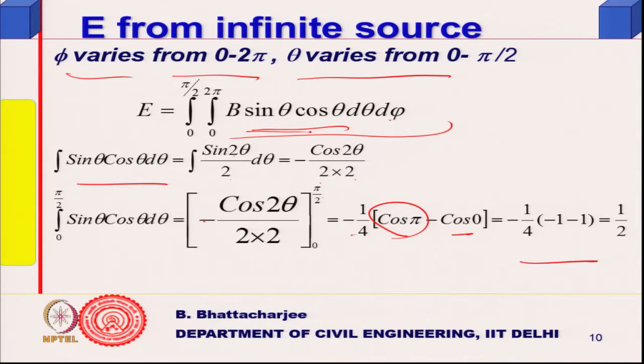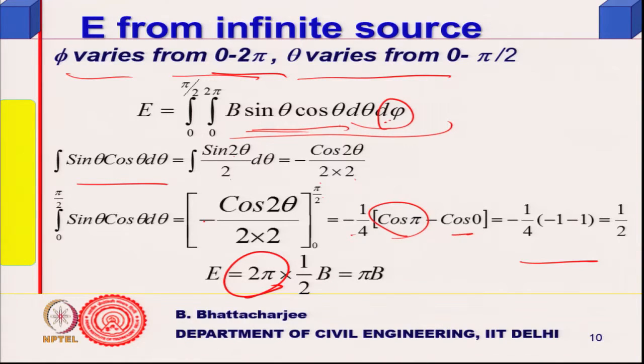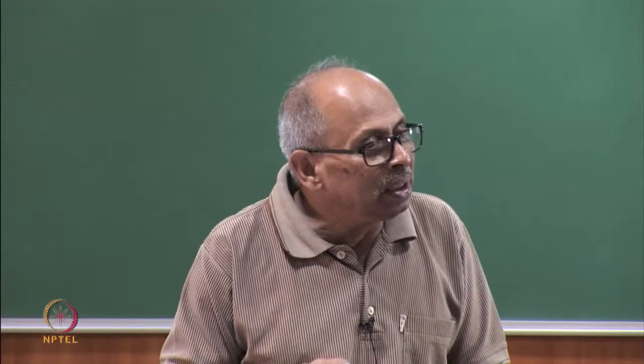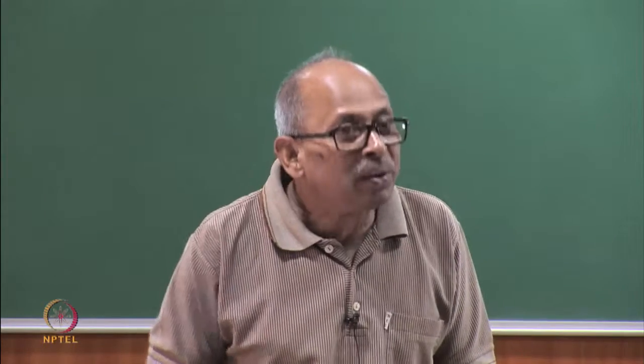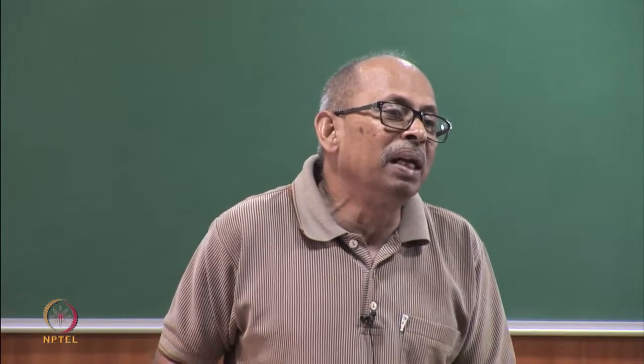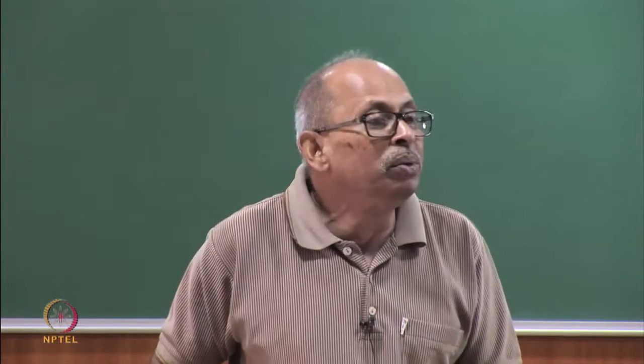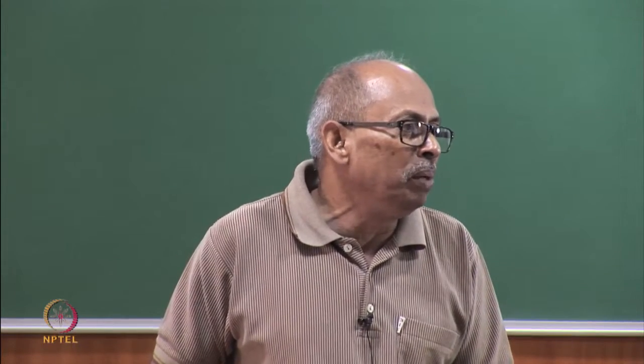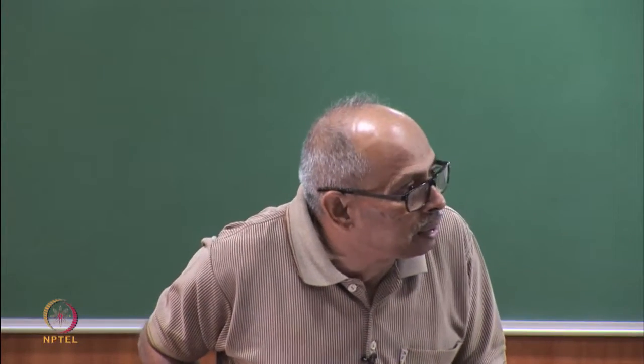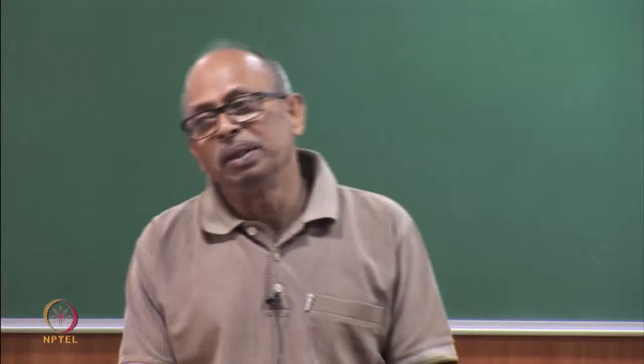So, I am left with the 2 pi, because phi varies from 0 to 2 pi, and this is simply half b, so pi b. So, for a uniformly bright hemisphere, the illumination E on a horizontal surface is simply pi into b, for uniform brightness, and is independent of the distance.